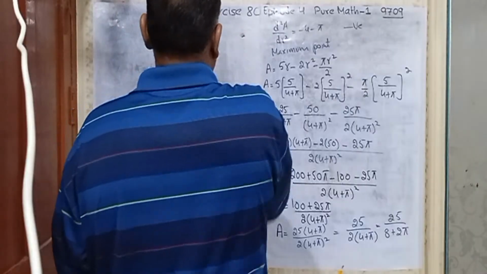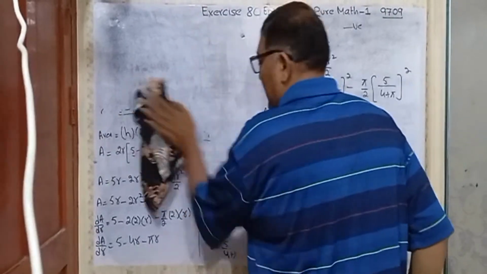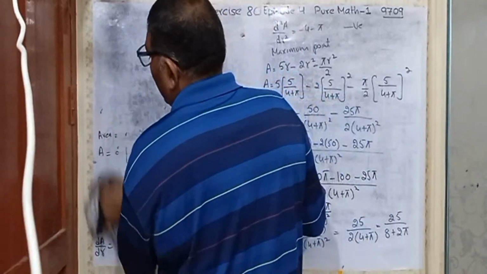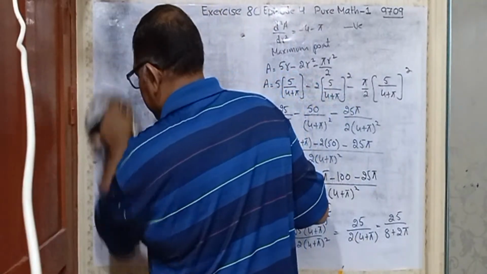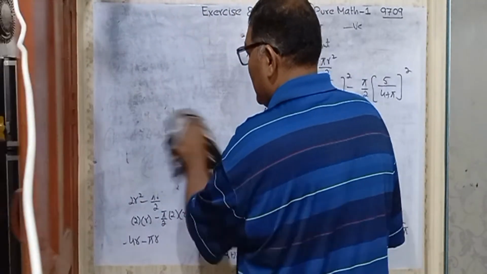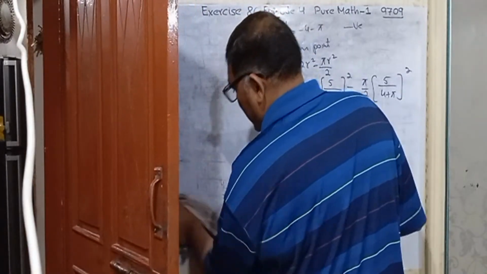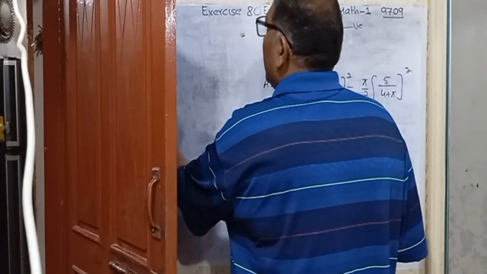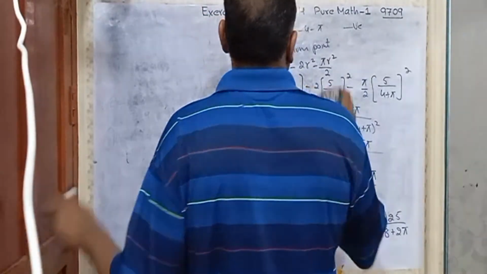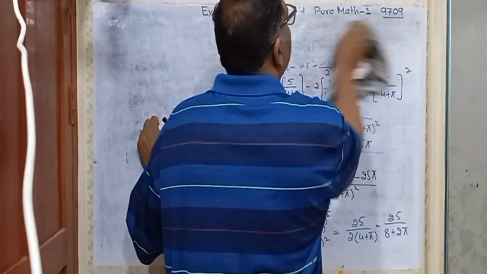So this exercise which we are doing is exercise 8C, and this is a subtopic of the main topic of this exercise, which is practical maximum and minimum problems. These are story sums, and we want to do those story sums. And the main topic of chapter 8 is further differentiation.